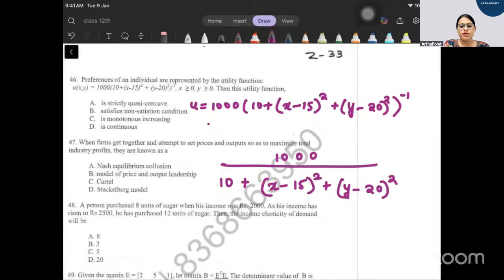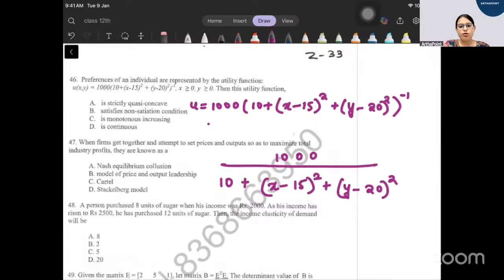Now try and solve it. Give it a try. It is going to take some time for you to solve this.